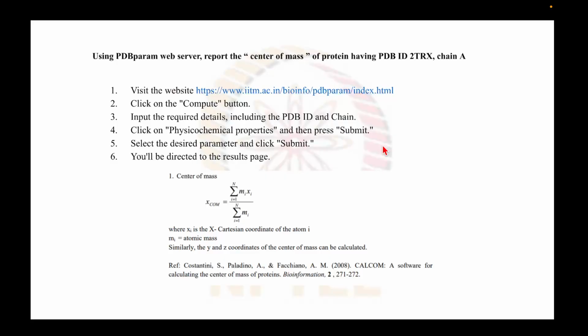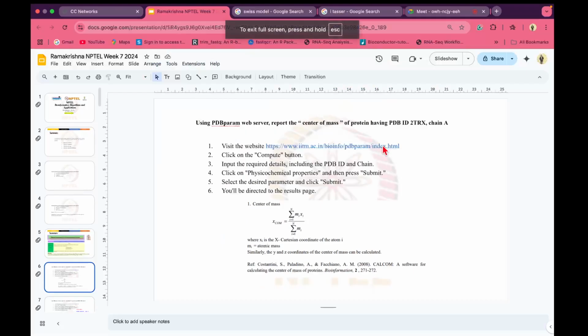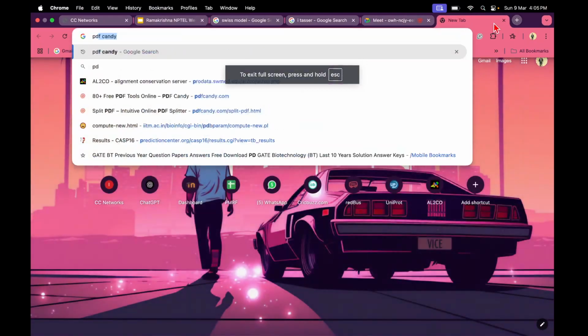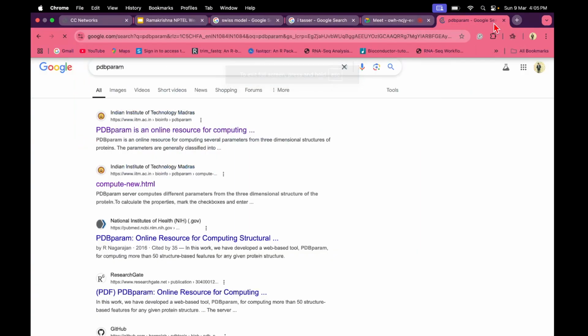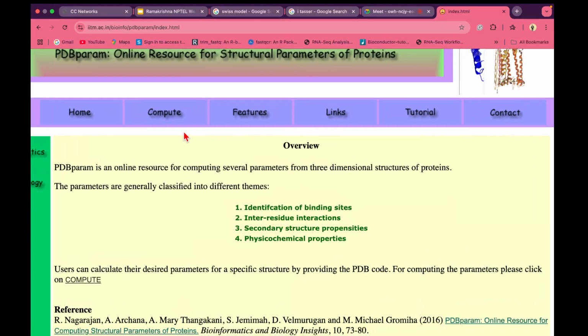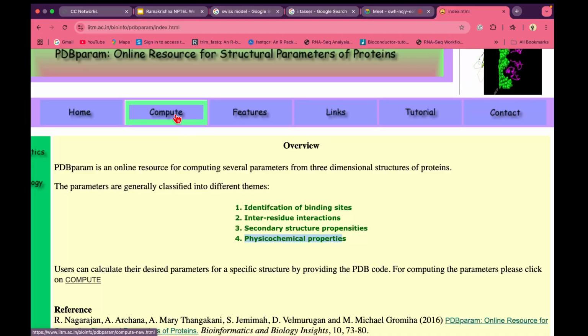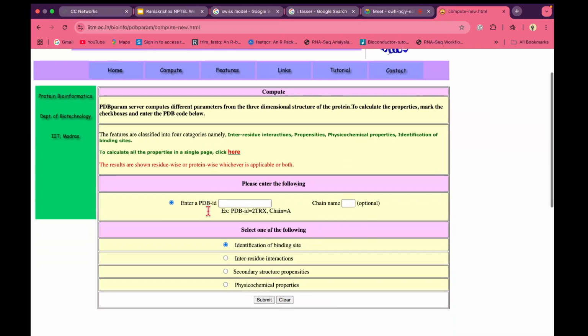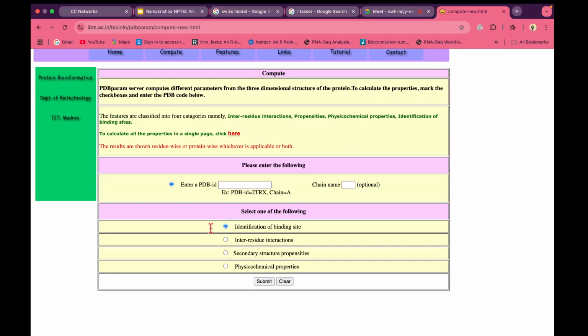Let's go and see the demo of this. I type PDB param. So this is the page. As I mentioned, it is available under physiochemical properties. So I first click on compute, then enter the PDB ID.